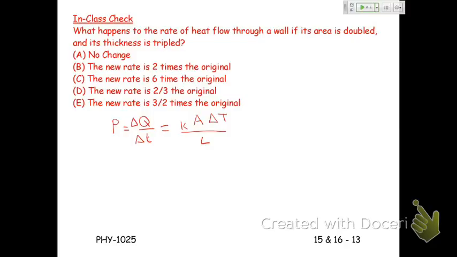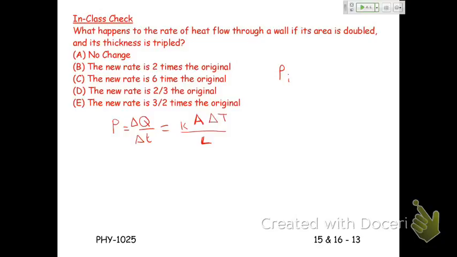Now, some people can see this and some people can't. I have a value for this P initial. Look at this equation. If the area is doubled, I'm taking that area and doubling it. And the thickness is tripled, I'm taking that length and tripling it. So, can you just have a go at this?